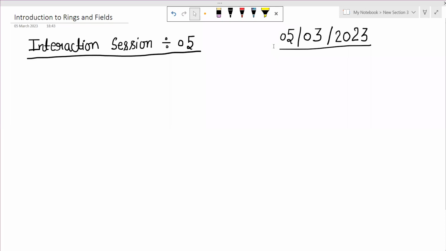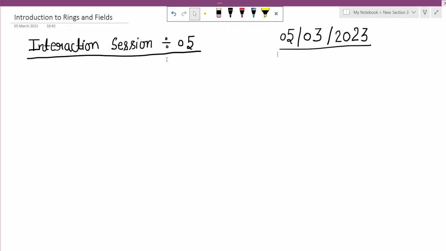Up to week 6, I have done all these practice assignments in past interaction sessions, the first, second, third, and fourth. So today we will do the 7th practice assignment. Let's start.